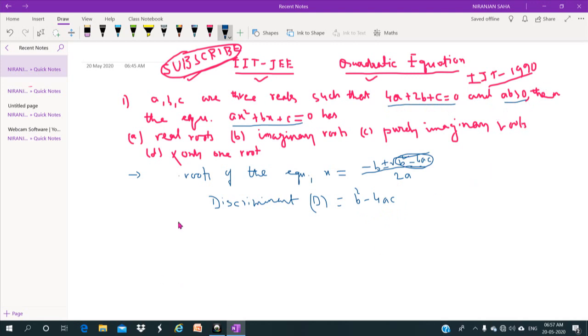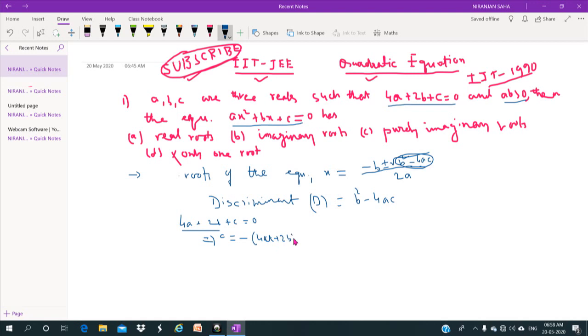From the given condition 4a plus 2b plus c is equal to 0, we need to express c in terms of a and b. So we get c equal to minus of 4a plus 2b.